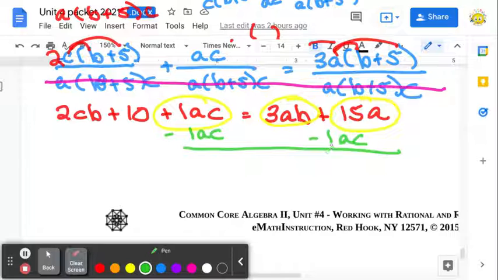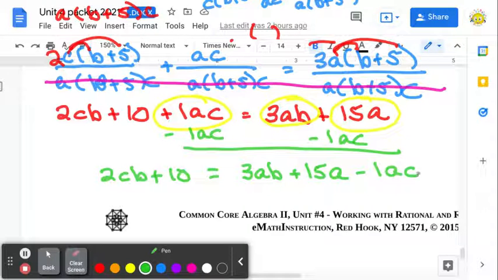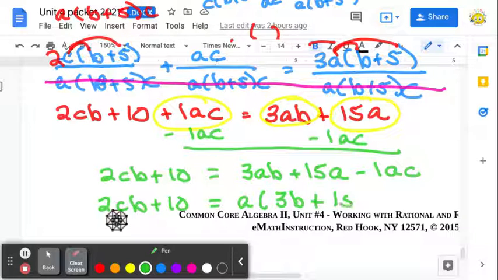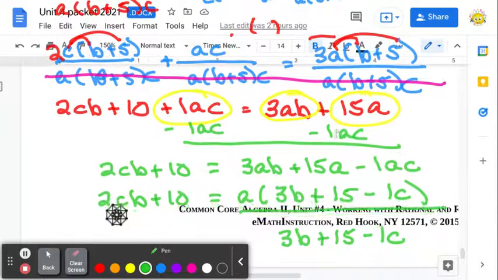So now on the left side, I have 2CB plus 10 equals 3AB plus 15A minus 1AC. To isolate the A, I'm going to take a GCF out of here. First, I'm just going to rewrite what I have on the left side. So I'm going to pull out my A, and I have 3B plus 15 minus 1C. And I'm going to divide by that factor, 3B plus 15 minus 1C, on both sides of my equal sign.